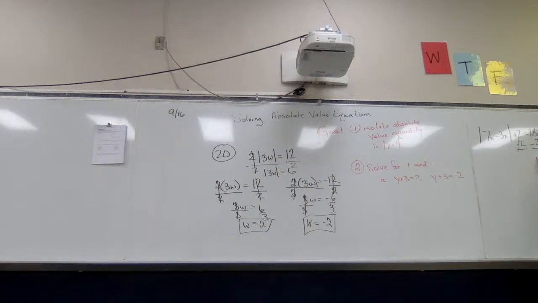So now I have 16 equals the absolute value of 7x minus 3x. Can I combine these? Yeah, absolutely. 7x minus 3x is 4x. So now I have the absolute value of 4x equals 16.